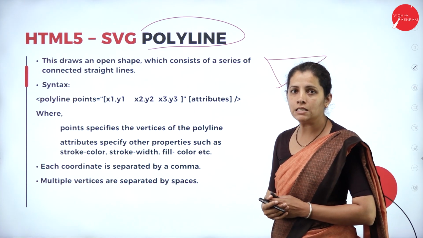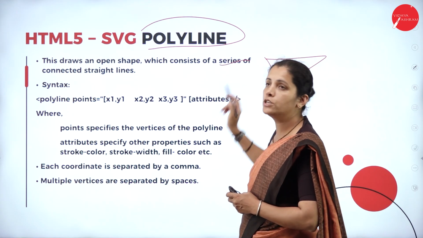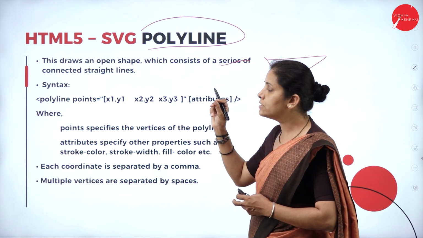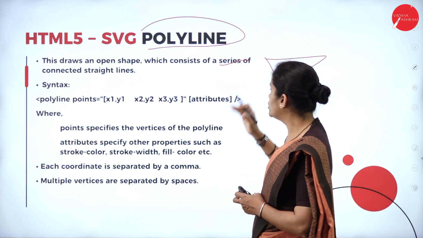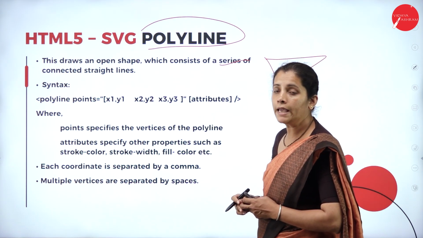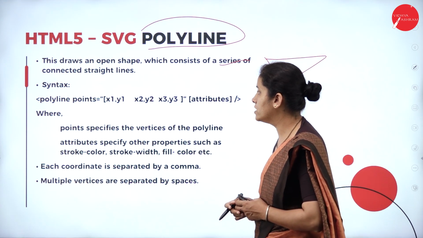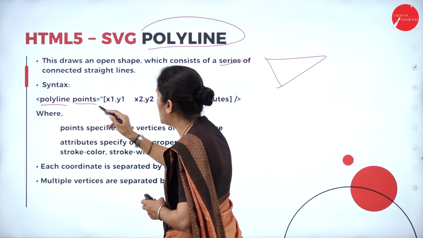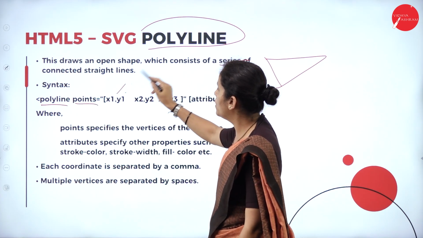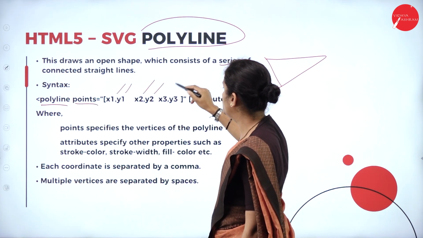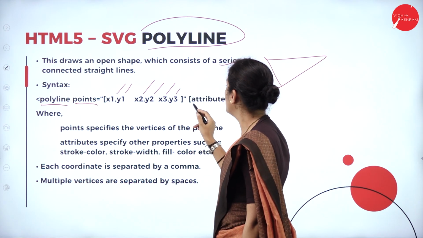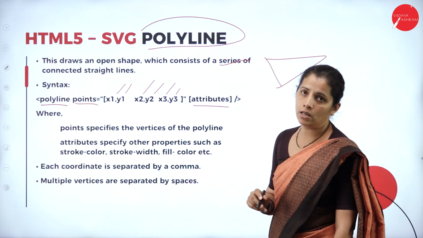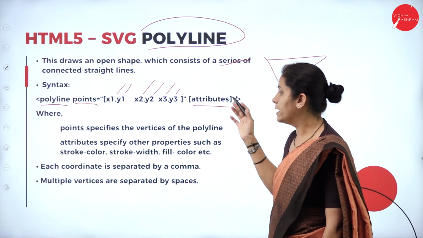It consists of a series of straight lines, a collection of lines connected to each other. In polyline, I'm going to have the points x1, y1, x2, y2, x3, y3, and I'm going to specify attributes like fill color, stroke color, width, etc.